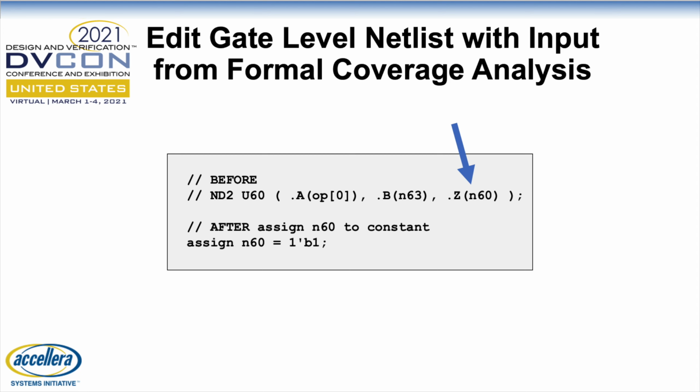But we don't care what the equation is because we know that whatever A and B are, it's always going to make N60 always equal to 1. So if we comment out that driver of the net, and then we assign N60 to 1, we can allow synthesis to go through and clean up everything.